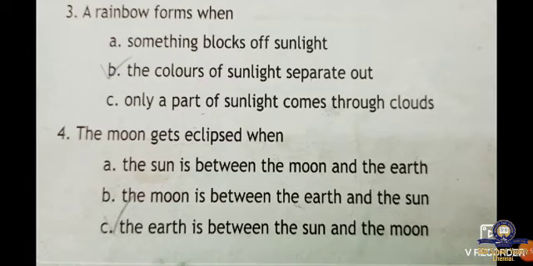Next, the moon gets eclipsed when, the options are: the sun is between the moon and the earth, the moon is between the earth and the sun, the earth is between the sun and the moon. The correct option is the earth is between the sun and the moon.